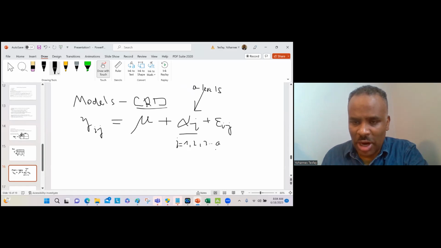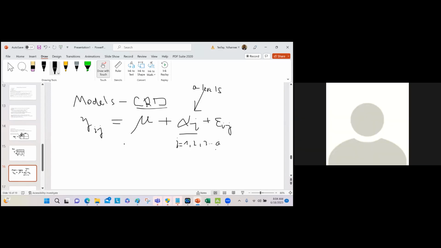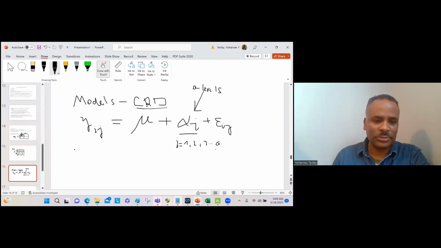How many factors are here? Some factor which are in A levels.